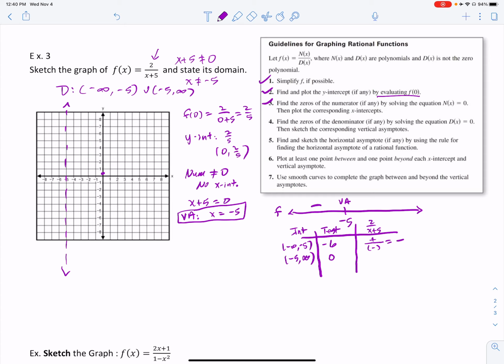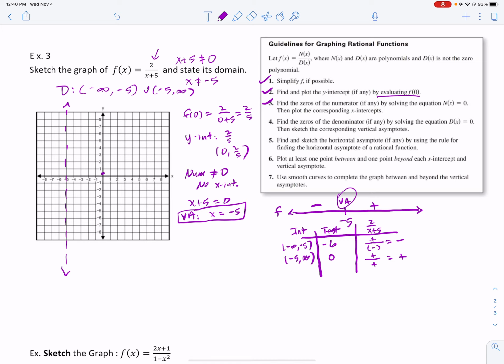So to the left of -5, this function's below the x-axis, and it's going to be negative. And if you plug in 0, well, the numerator is always positive because it's a +2. And if I put 0 in the denominator, I get a positive, and positive divided by positive is positive. And so to the right of the vertical asymptote, this function is positive.